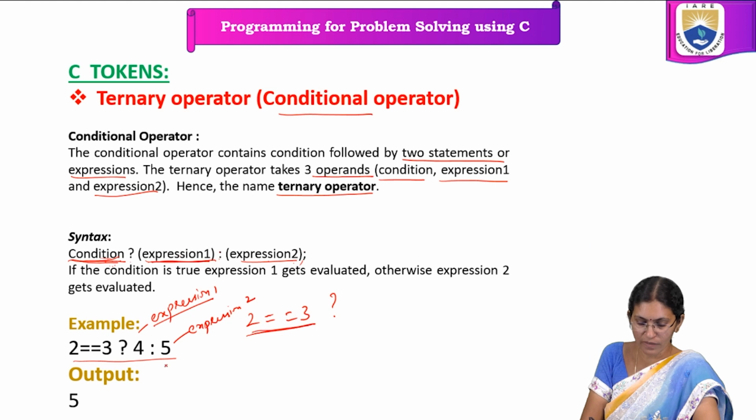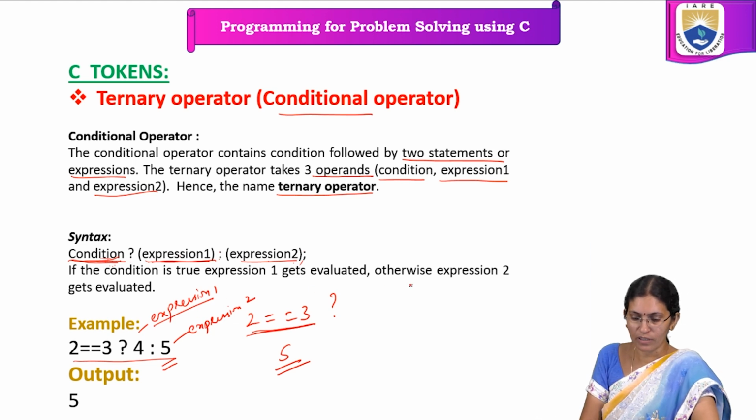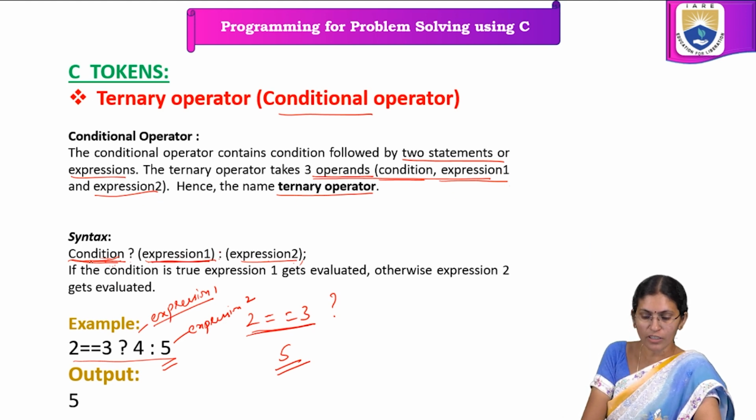If it is false, the second one will be evaluated. Therefore the output will be 5. In this way the ternary operator works. The ternary operator takes 3 operands: condition, expression 1 and expression 2. If the condition is true, then expression 1 will be evaluated. If the condition is false, expression 2 will be evaluated.